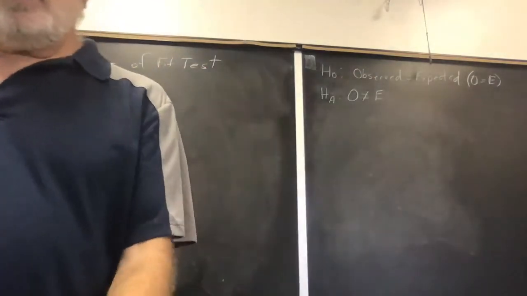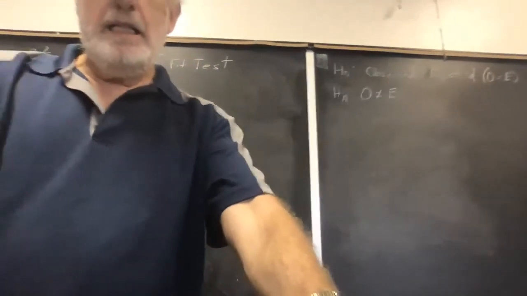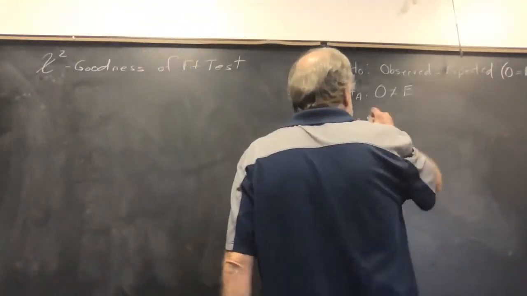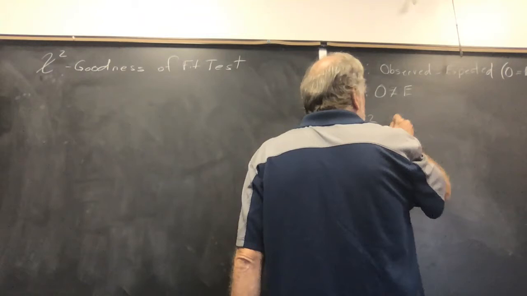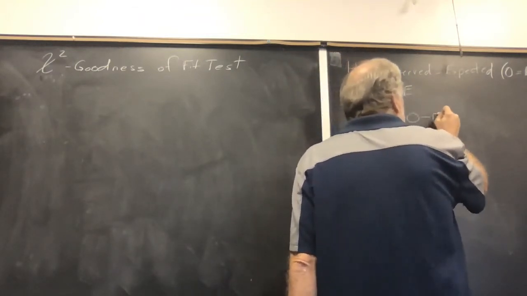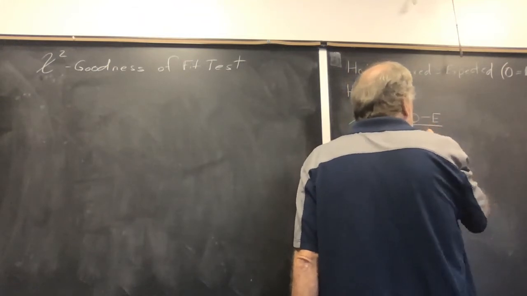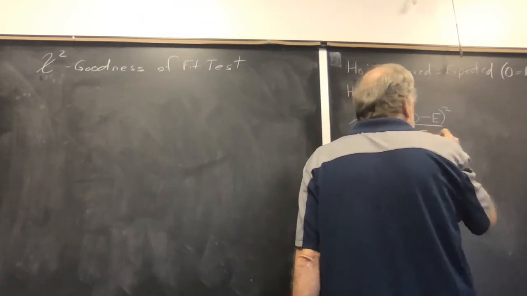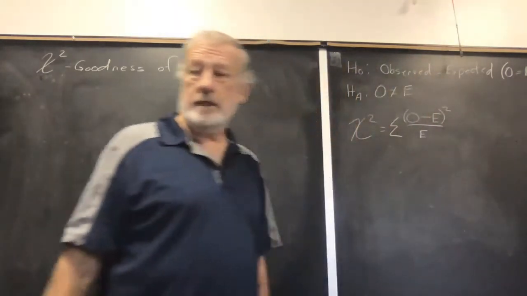Now the chi-square formula listed on page 68. Chi-squared equals the sum of observed minus the expected, squared, divided by expected.